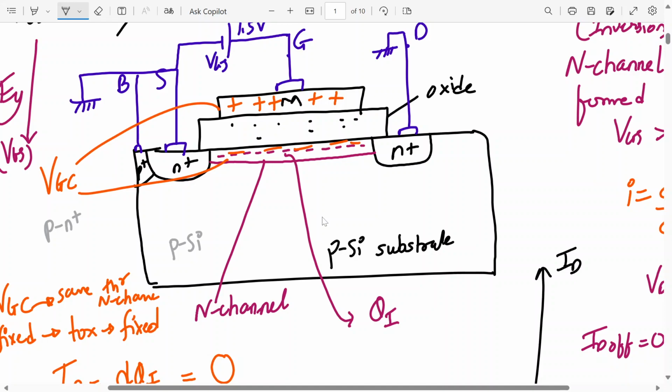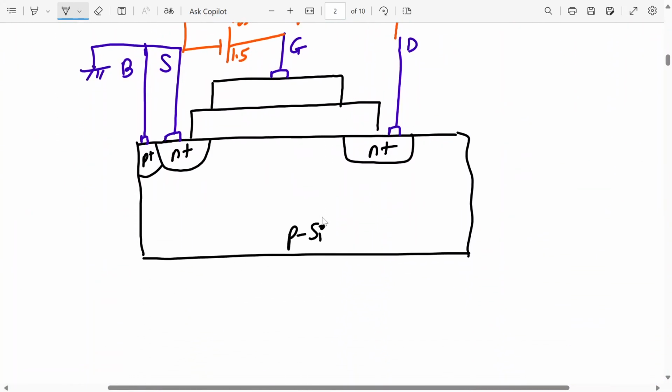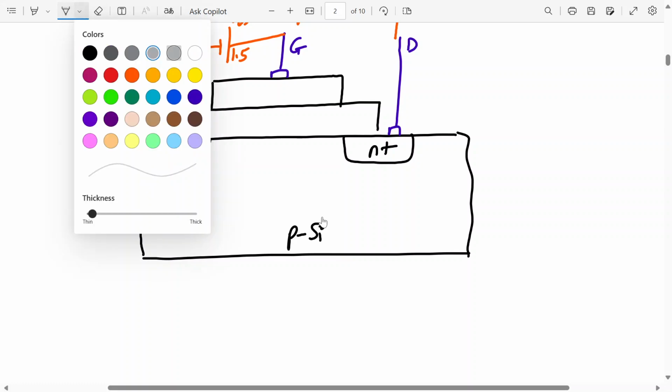So how do you show a depletion layer over here? You show it like this. This is a depletion layer between P and the N plus layer. Similarly here also we can show the depletion layer. So the channel is formed inside the depletion layer.